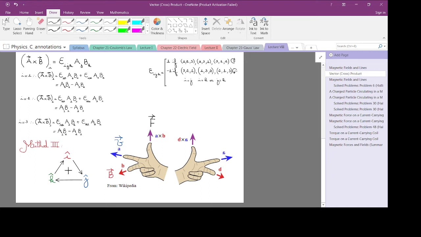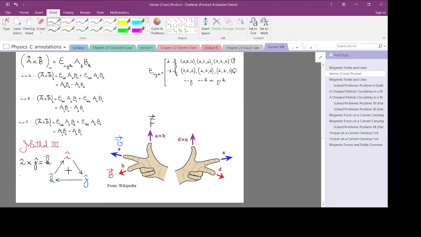For example, if you are doing the vector product between i hat and j hat in this direction, is that clear? Explicitly, I'm doing i hat vector product j hat. This equals k hat.